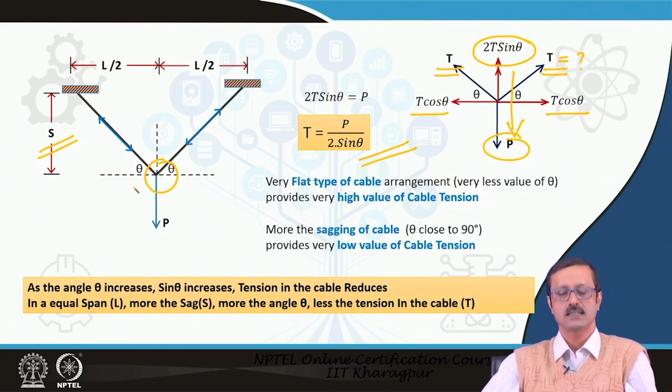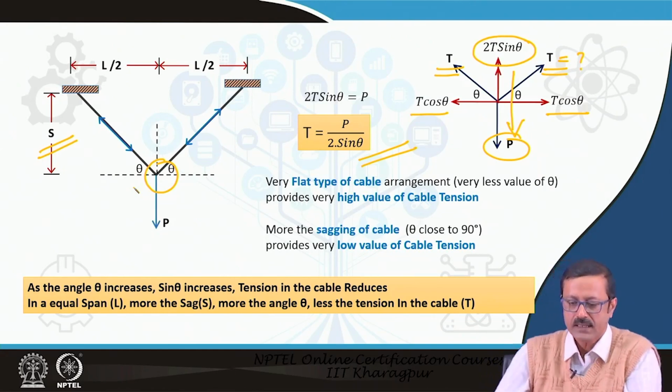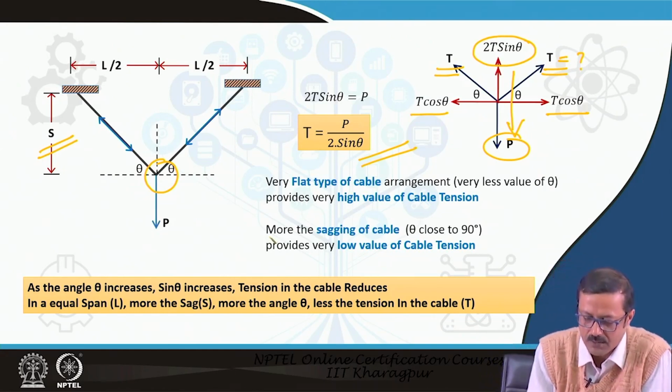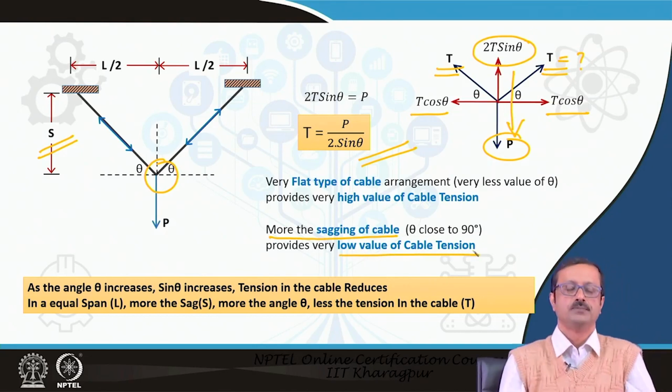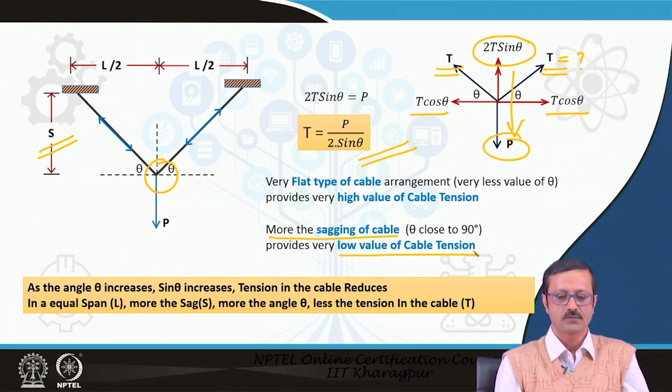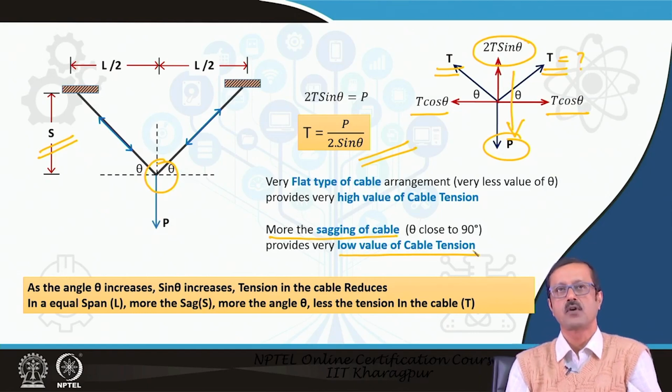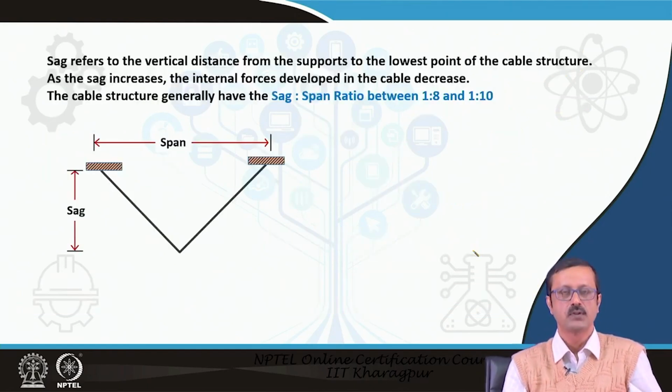As theta is higher, sin theta is also higher and T will be lower. So the more the sagging of the cable, the lower the value of the cable tension. This is one of the most fundamental points that we should know before we start.